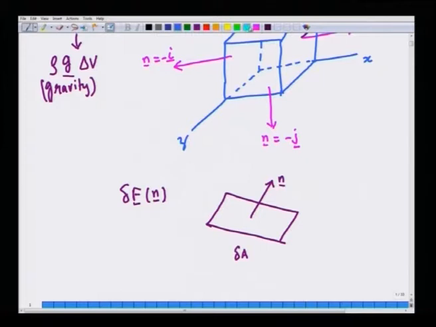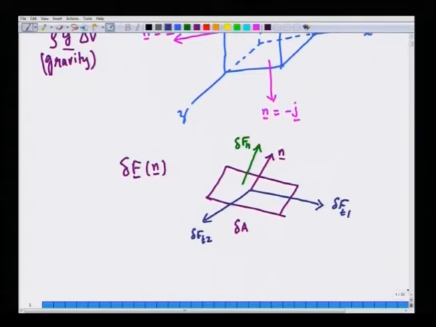One is the direction along the normal, those are called the normal forces, and then there are two tangential directions to this surface. So, there will be two components along the direction of the tangent. So, in general you will have delta f t1 and delta f t2 along the two tangential directions on the surface. Okay.